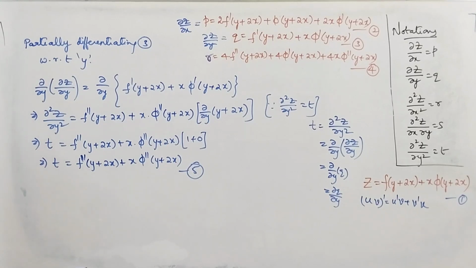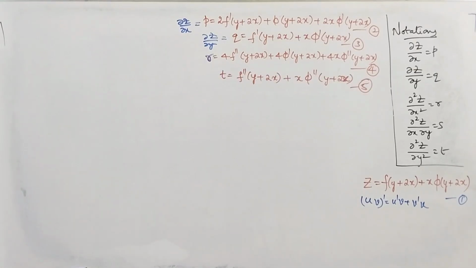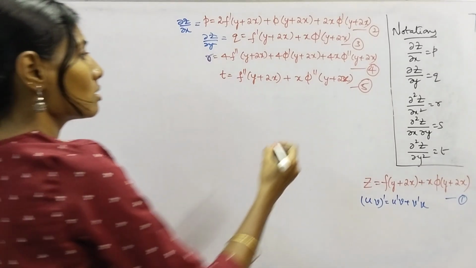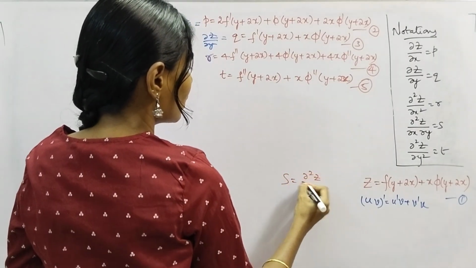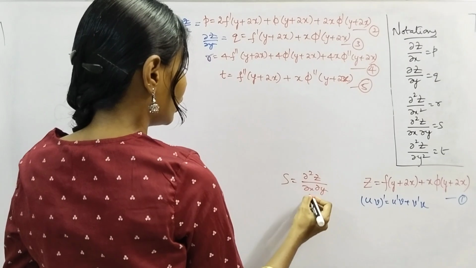So for that, we'll find the equation involving s also, because the equations we have are not sufficient to find the partial differential equation. We know that s is nothing but ∂²z/∂x∂y.